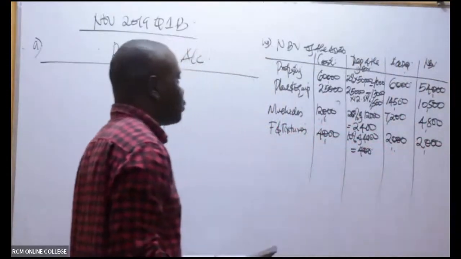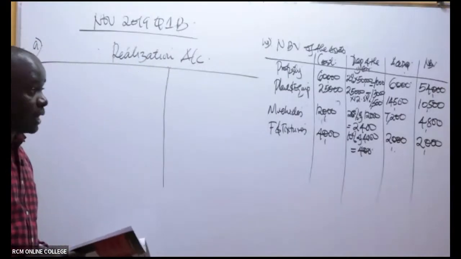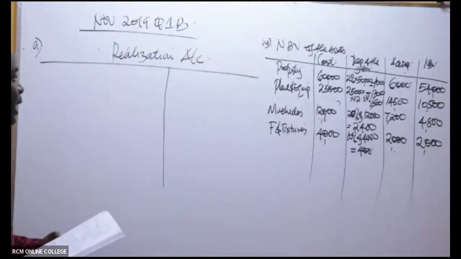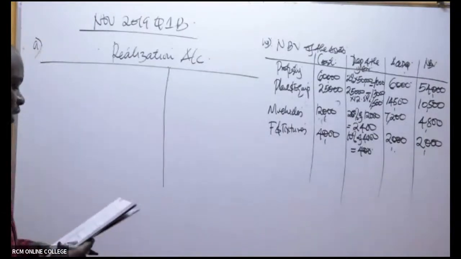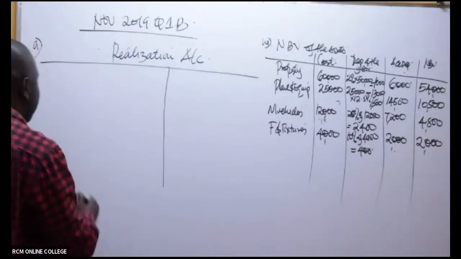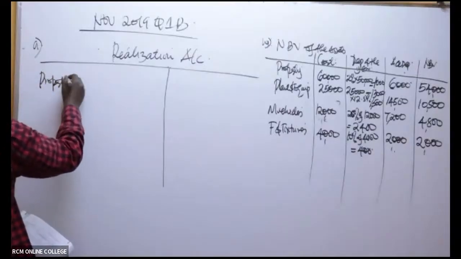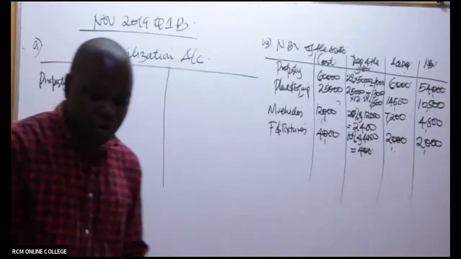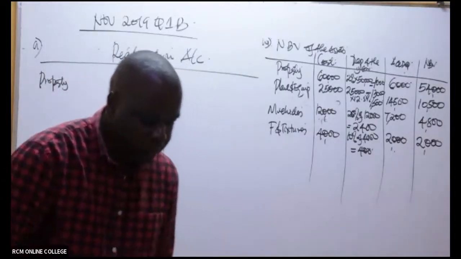So you would have gotten the net book values of those assets. And therefore you debit all these assets at their net book values. We start with the property. Property is 54 million.